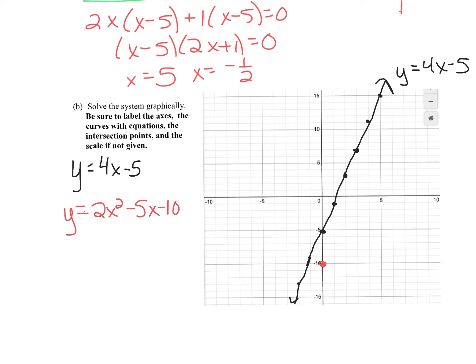So looking at this, the next nice easy point that we can find is 1, -13. And then I have 2, -12. And from there I have 3, -7.